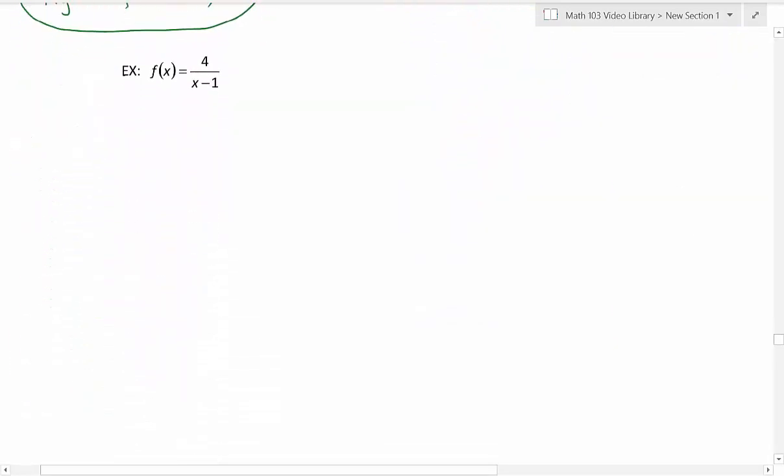Let's look at one more. f of x equals 4 over x minus 1. We want to start by determining whether or not this is a one-to-one function. Well, this is our rational function that's been shifted to the right one and vertically expanded by 4.